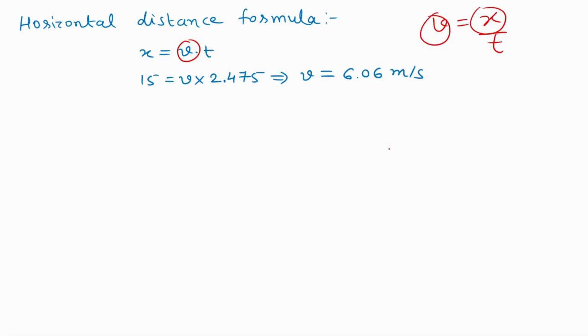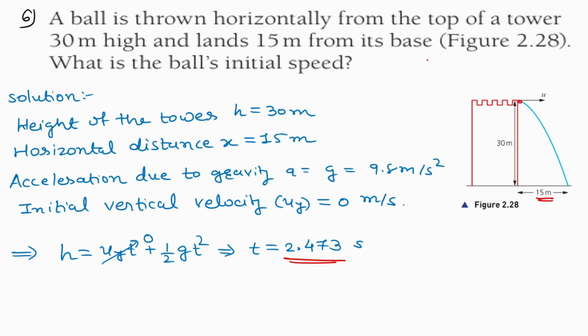Put this value in and you get the answer, about 6.06 meters per second. So this is also a question of 2D motion. In this kind of question, you need to separate the x variables and y variables. Only after doing this can you easily solve this kind of question.